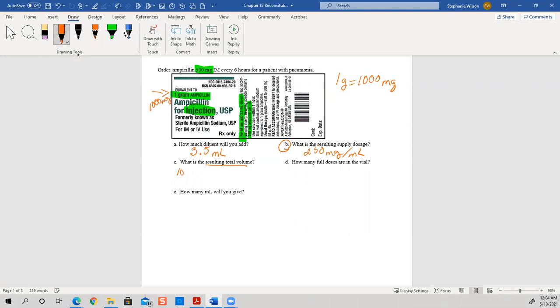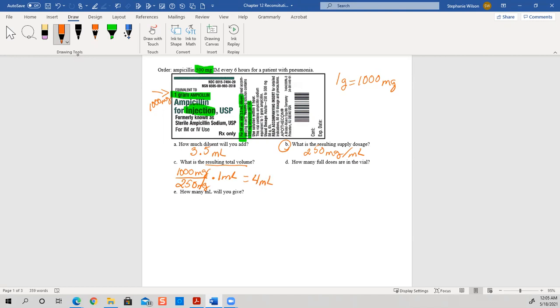So that would be my total volume in this container. And I'm going to divide it by my resulting supply and multiply by its volume. So the milligrams reduce. 250 goes into 1,000 4 times. It leaves me with 4 milliliters.